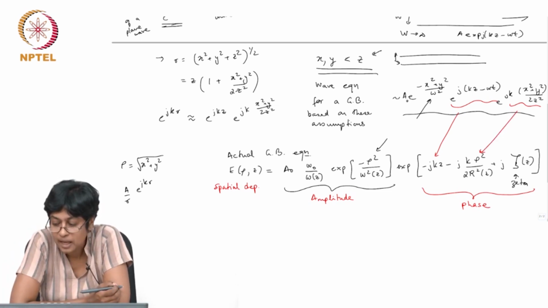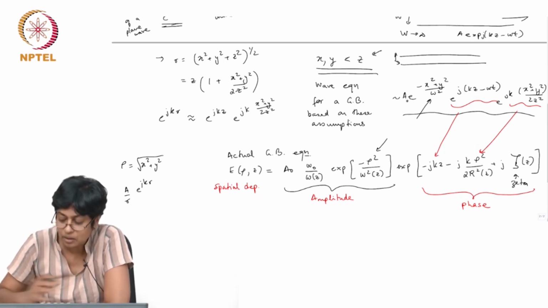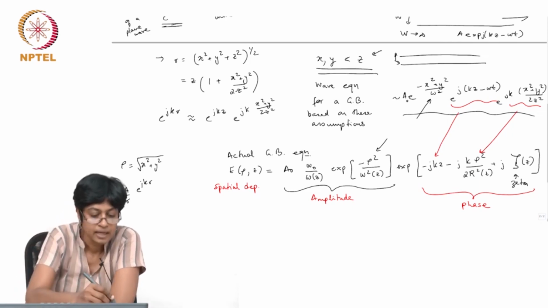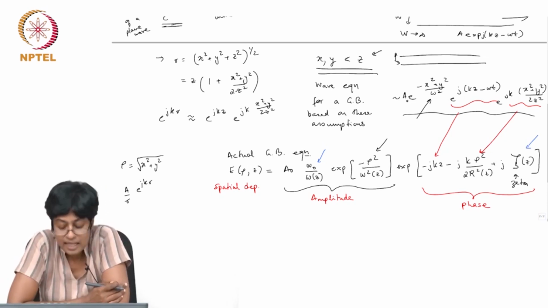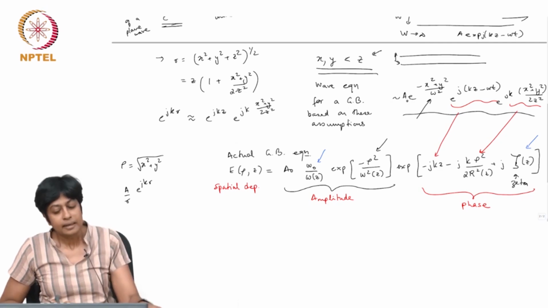So I have expressions which take into account some of the phase varying terms in my Gaussian beam. I do have some extra terms. I have this term and this term. Those, of course, you would understand if we did the formal derivation.